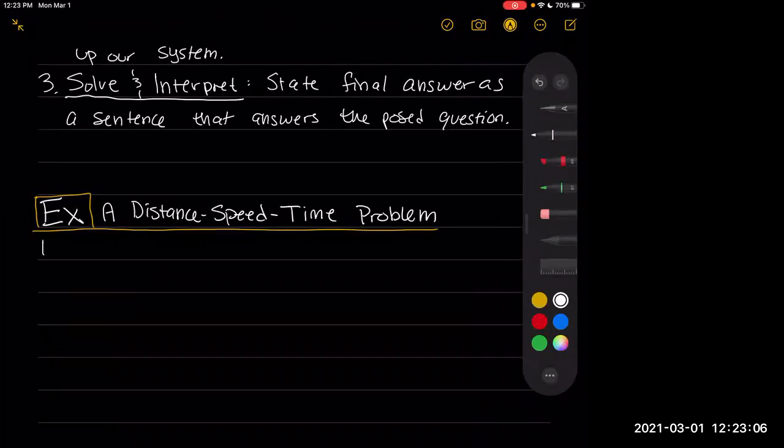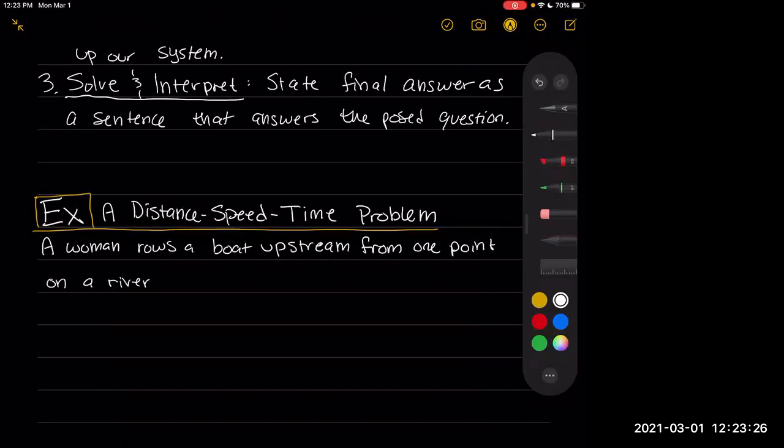So, a woman rows a boat upstream from one point on a river to another point that is 4 miles away.